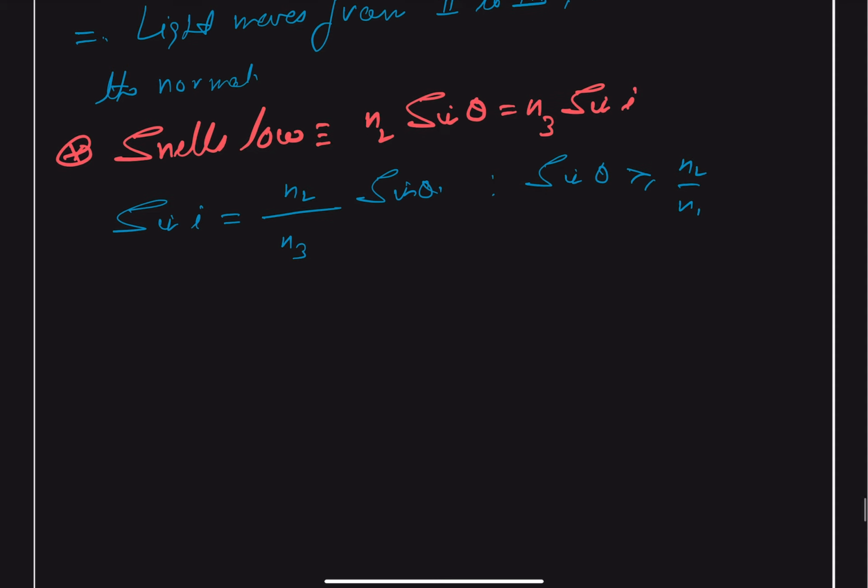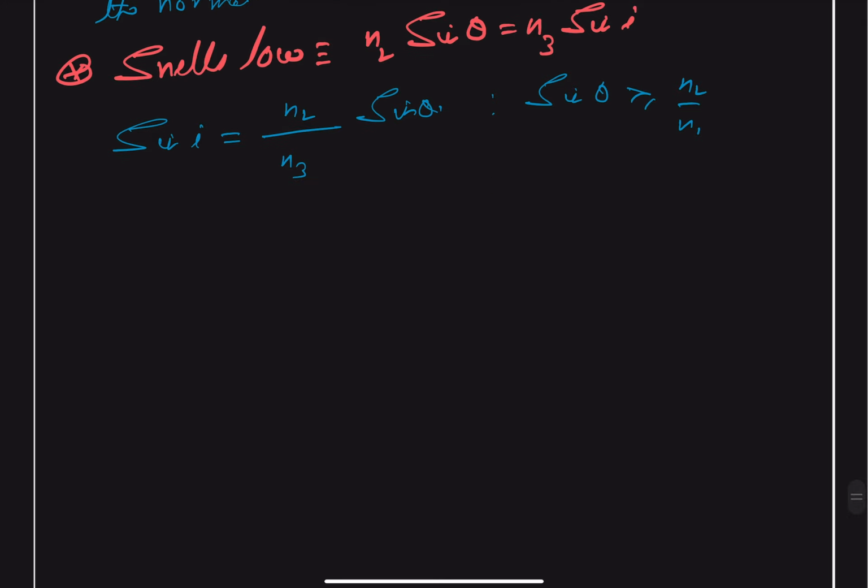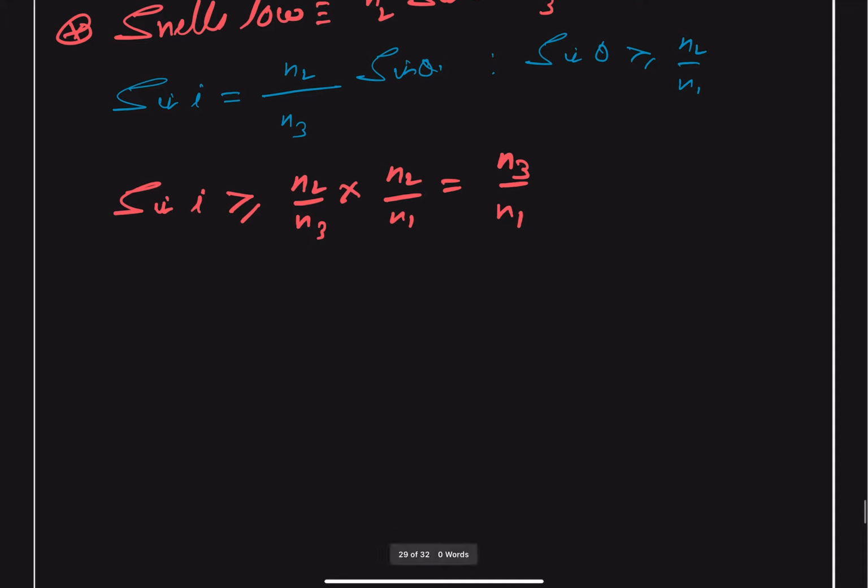So thus we can write that sine of i is greater than or equal to n2 upon n3 multiplied by n2 upon n1, which gives us n3 upon n1. So it means our angle of incidence is greater than sine inverse of n3 upon n1.